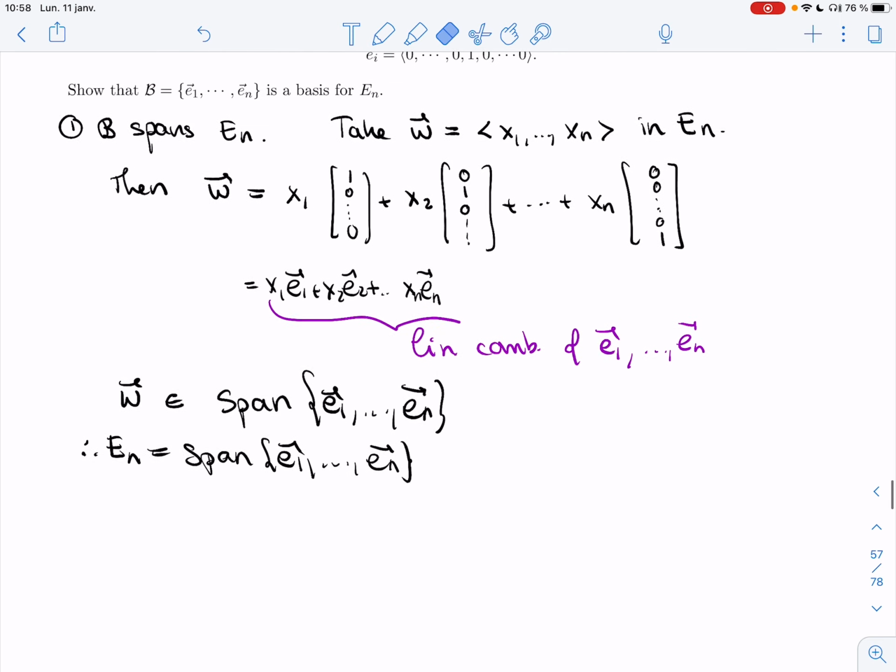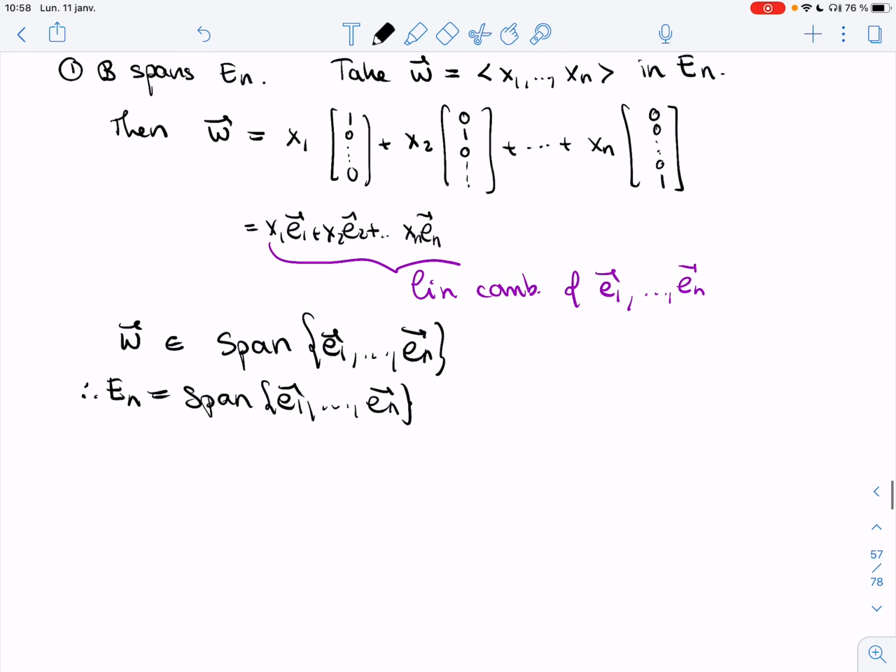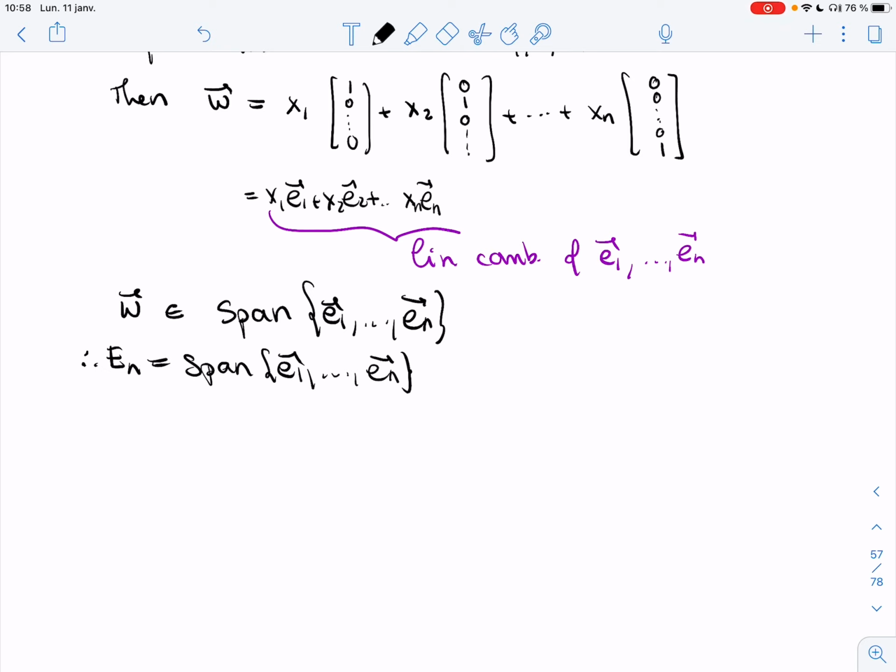All right, second thing we need, so we proved this one. We also need to prove that this set is linearly independent. I'm going to start with a combination giving 0. So assume a_1 e_1 plus ... plus a_n e_n equals 0.